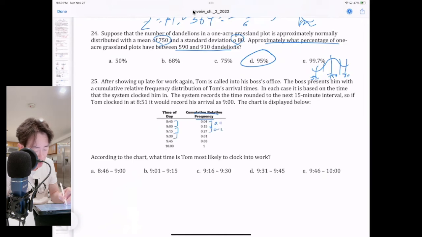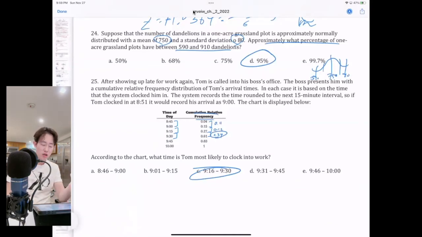From 9:15 to 9:30, that's like 34%. I think we have a clear winner here. That clearly triumphs over the rest, which should give you about 21 and 17 respectively. But this will give you the highest. Most likely to clock into work means the highest probability is what we're looking for.